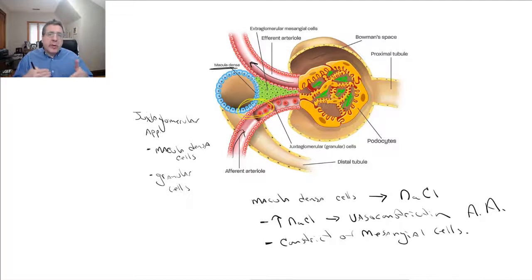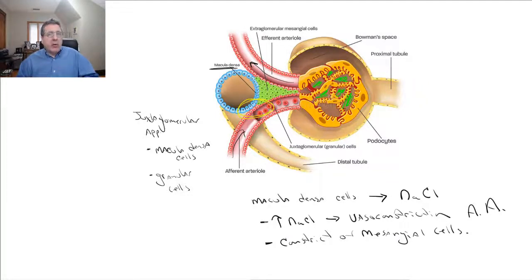One of their functions is the ability to constrict. And when those constrict, it actually will decrease the surface area of the glomerular capillaries. If you decrease the surface area, you are going to have less fluid coming out. If we have increased surface area in our lungs when we breathe in, it allows more gas transport.